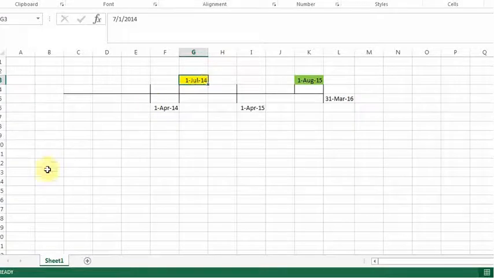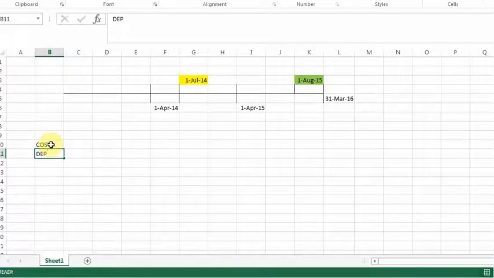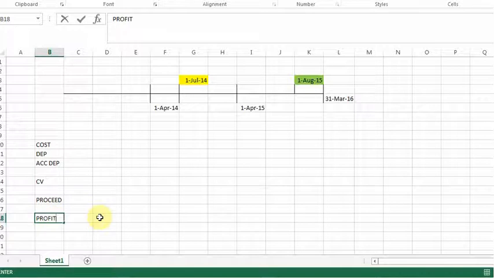So I'm going to start then with the calculations. What calculations do we need before we try any of the T accounts? You need the cost price, you need the depreciation, you need the accumulated depreciation. That will lead to the calculation of a carrying value. You need the proceeds if it was sold, and then also the profit or the loss should it be sold at a loss.